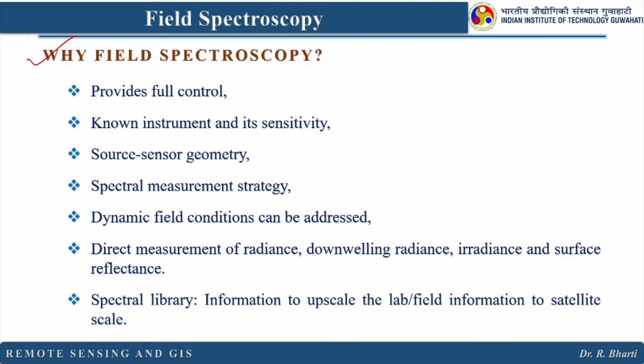And ultimately we can generate the spectral library. That is the information required to upscale the lab or field information to satellite scale. There are different spectral libraries available for Earth and planetary exploration, from different universities and different organizations, which are listed here. I will show you one by one.